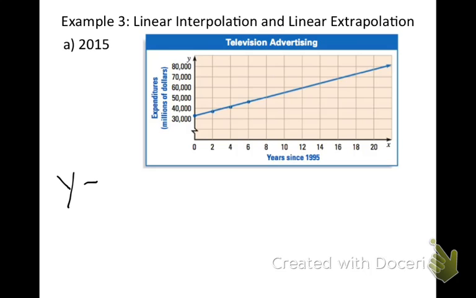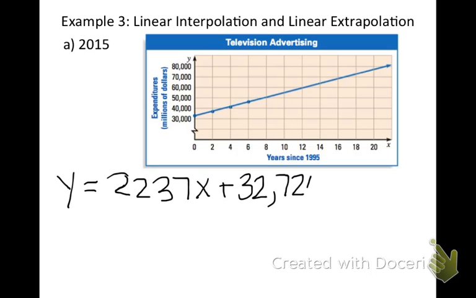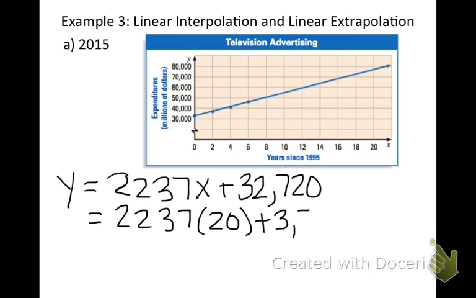y equals 2,237x plus 32,720. Again, we're going to substitute 20 for x, and then simplify. 2,237 times 20.